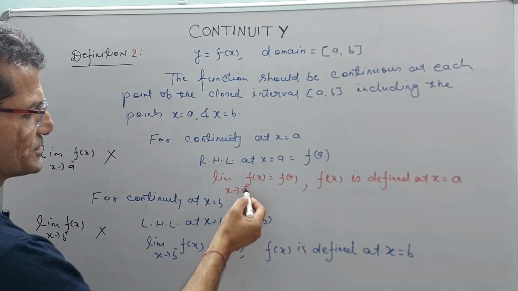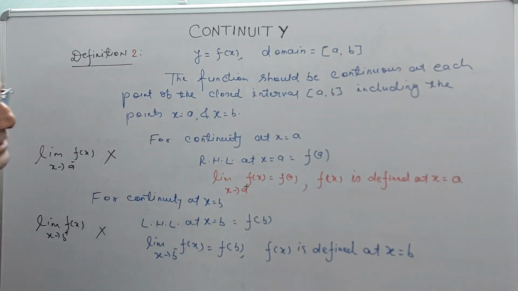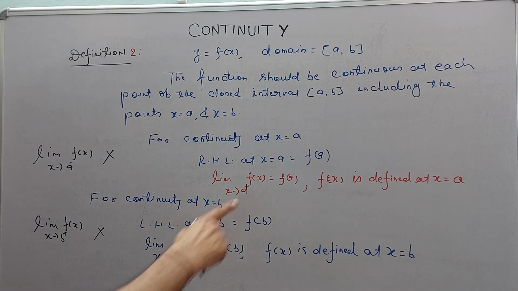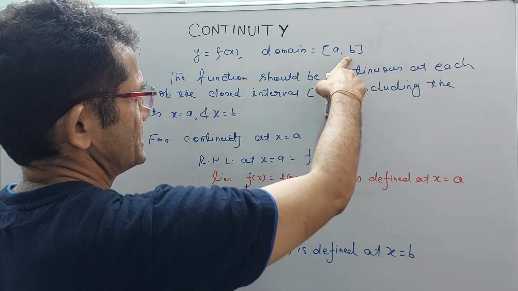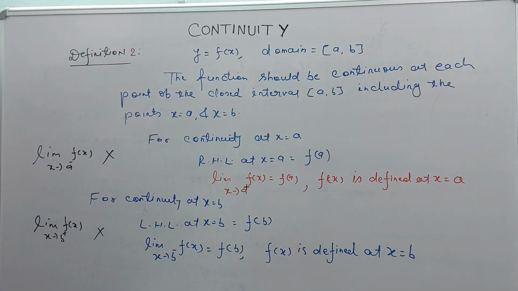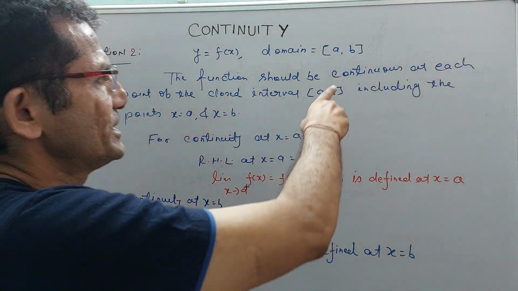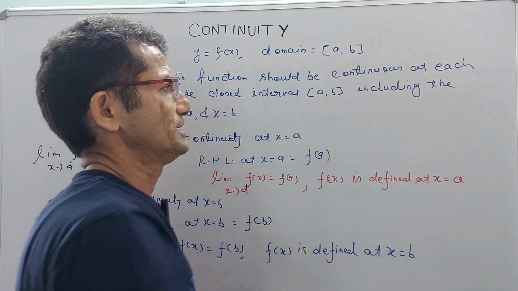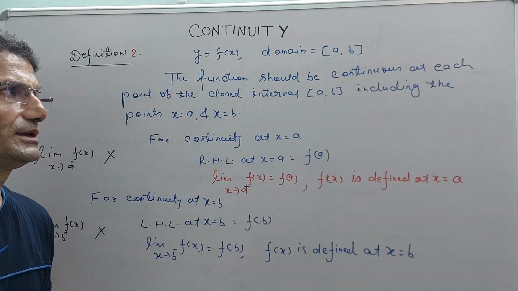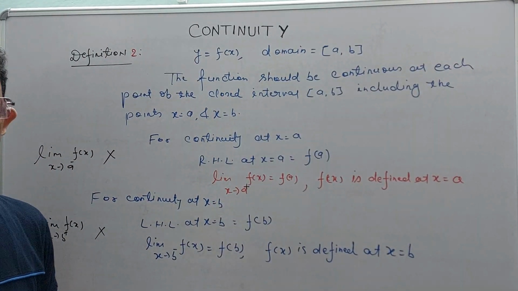That's why we have taken only the right hand limit at x equal to a and the left hand limit at the point b. So these are the definitions for intervals. In case of intervals, we define how to find the continuity at the extreme points, and for other points between a and b we use definition number 1.